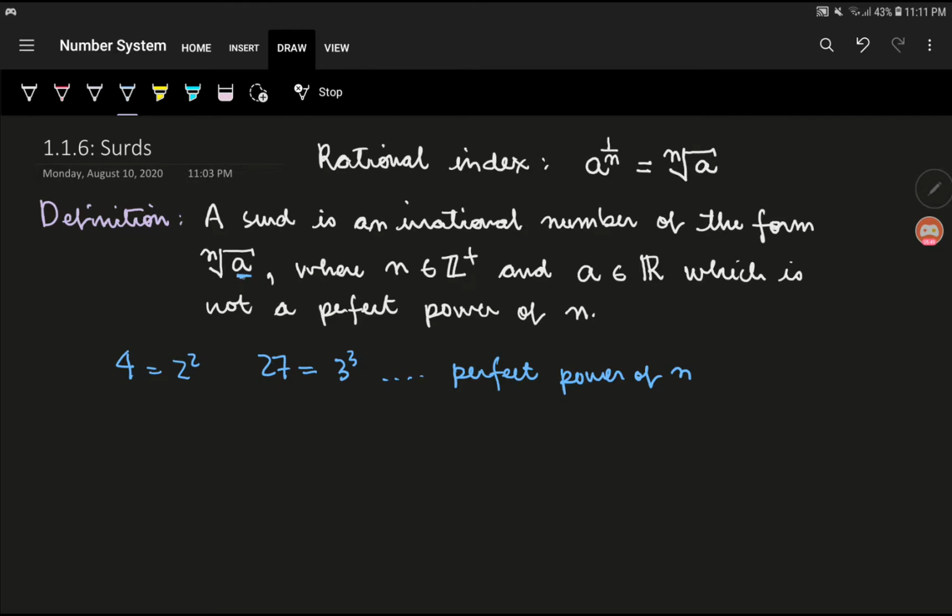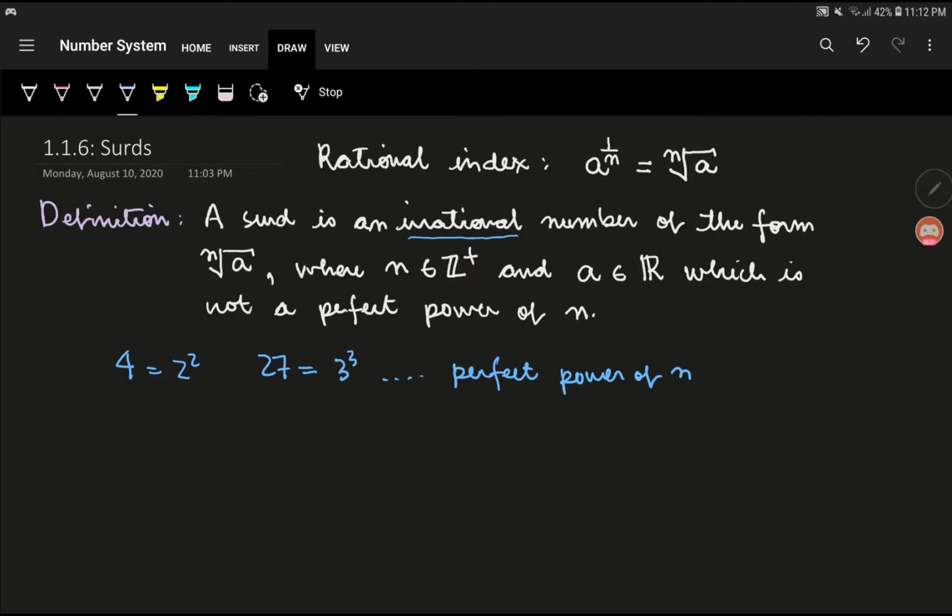A must not be a perfect power of n, because if a is a perfect power of n, then we will not have a surd anymore, because inside here, this one is now a rational number. It violates the first condition, that a Surd is an irrational number.